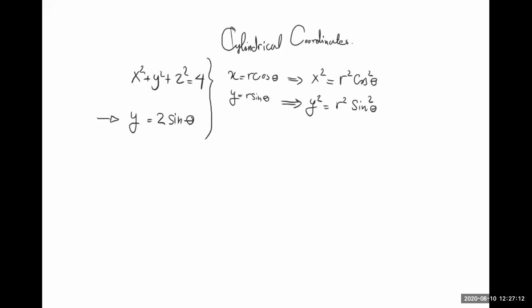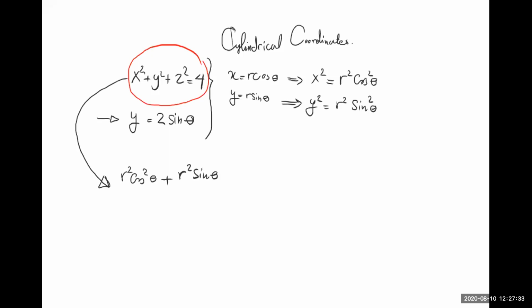This means the equation of this sphere, where we have x squared plus y squared plus z squared, in cylindrical coordinates, x squared would be r squared cosine theta squared plus y squared would be r squared sine theta squared plus z squared equals 4.